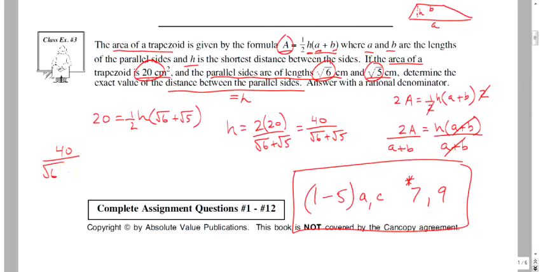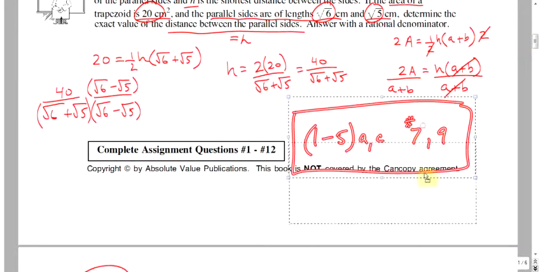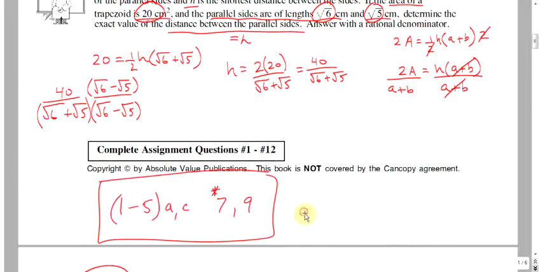By multiplying the bottom by its what? Conjugate. That's root 6 minus root 5, top and bottom. Okay? Put the brackets there. They're helpful, otherwise you might make a mistake. Let me move that. Okay, so this one I'll do.